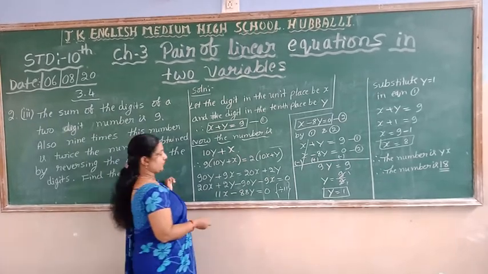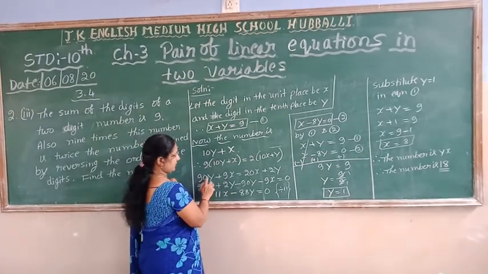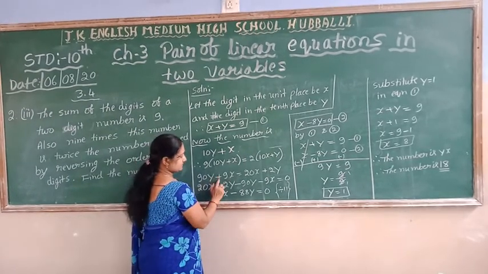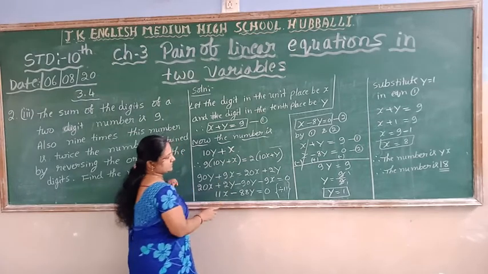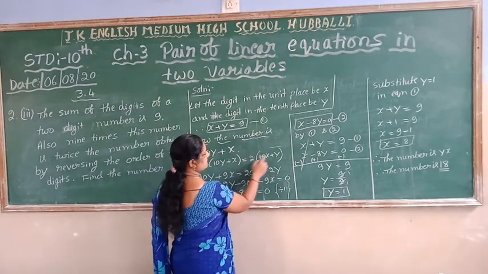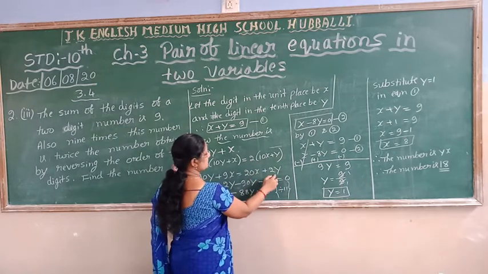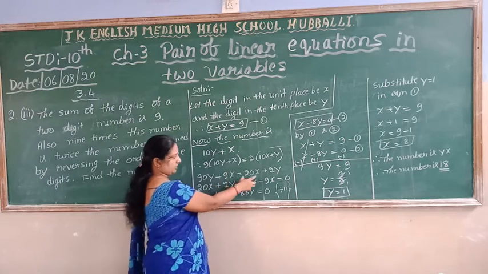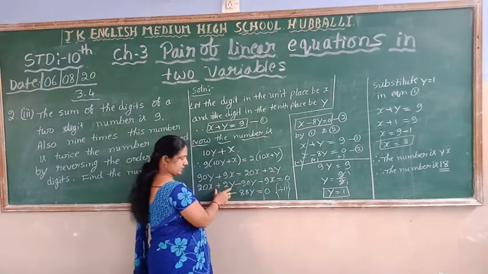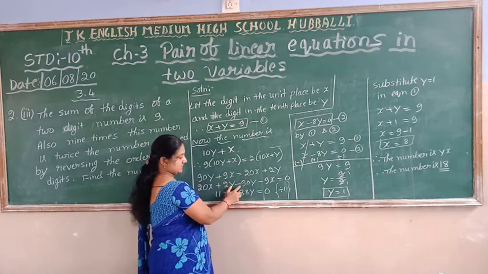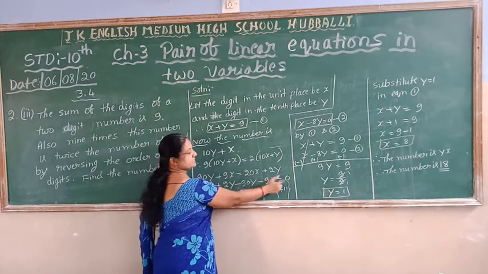Then simplify. 9 into 10y is 90y, plus 9 into x, 9x, is equal to 2 into 10x, which is 20x, plus 2y. Taking all terms to one side, we get 90y minus 2y, and 9x minus 20x, is equal to 0.